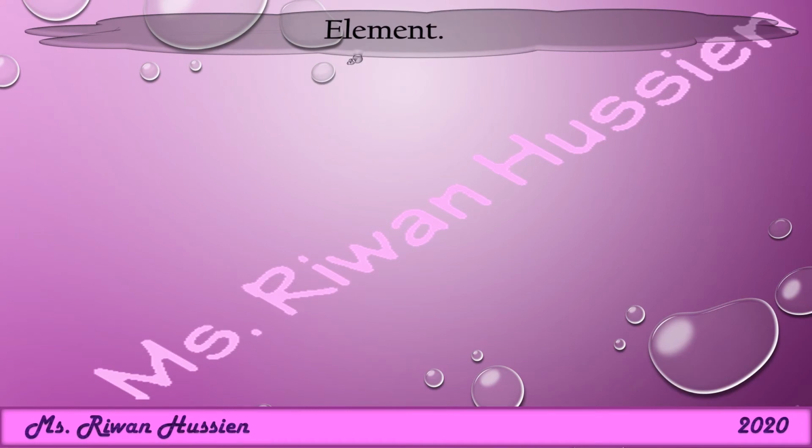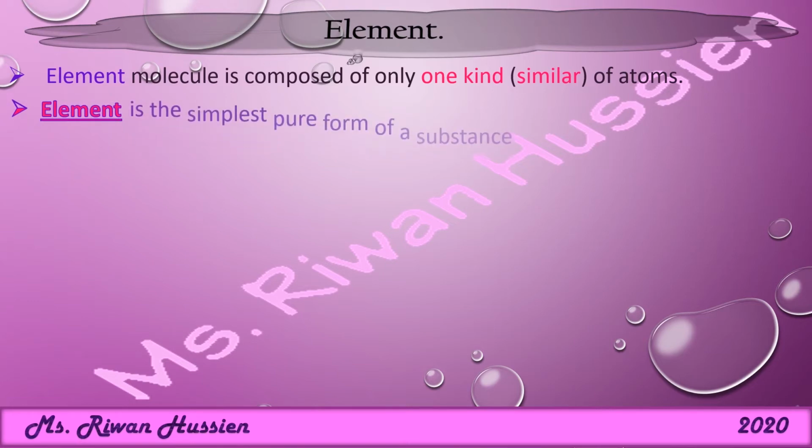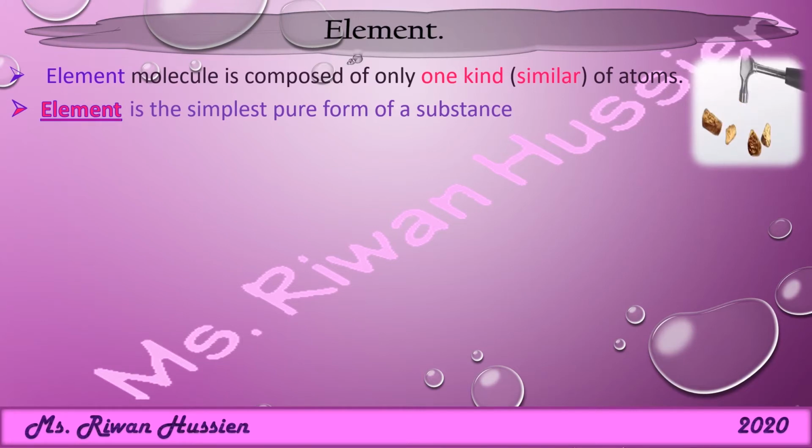As we said before, the element molecule is composed of only one kind of atoms, or we can say similar atoms. So, we can define element as the simplest pure form of a substance. If you kept hitting a piece of gold with a hammer, the pieces would get smaller, but each piece will always be gold, not anything other.